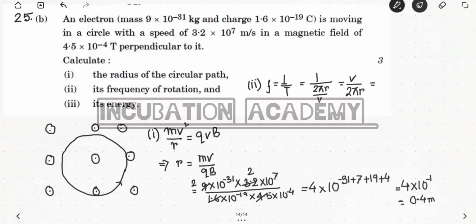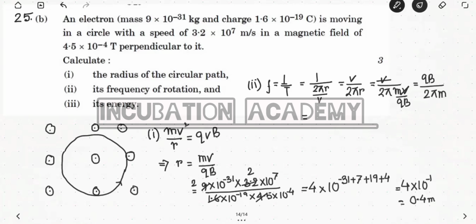What is r? r is mv/(qB), so it is v divided by 2π times mv/(qB). Obviously v and v cancel out, so this becomes qB/(2πm).